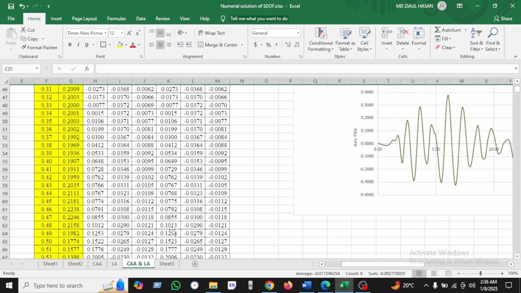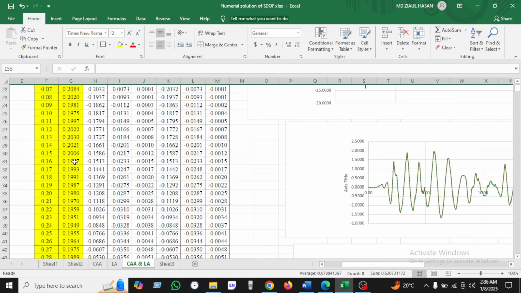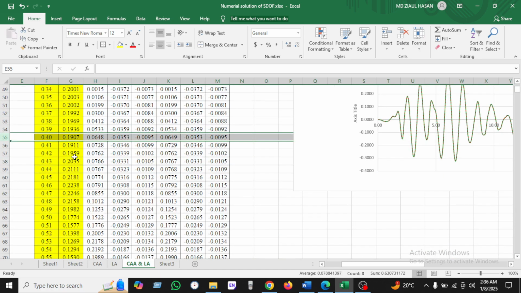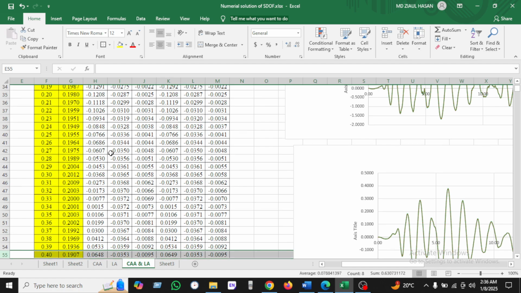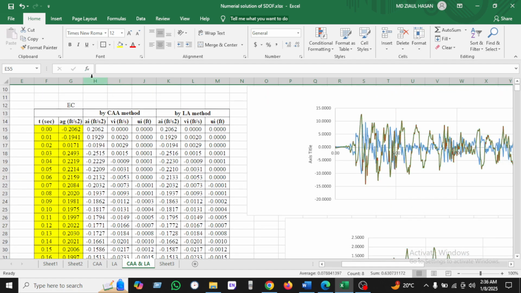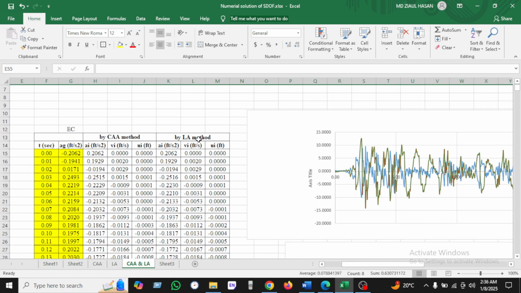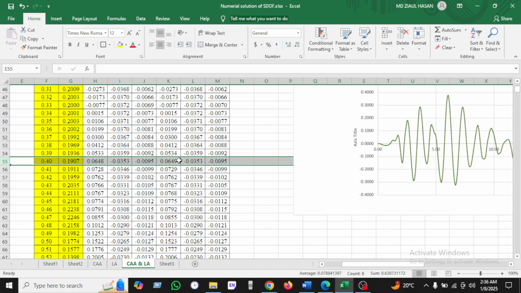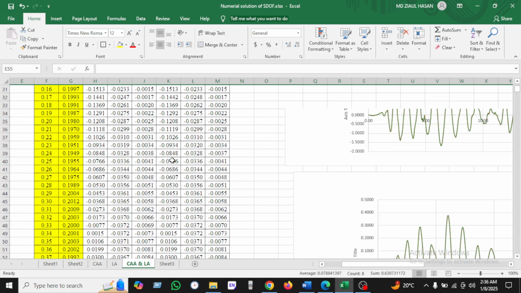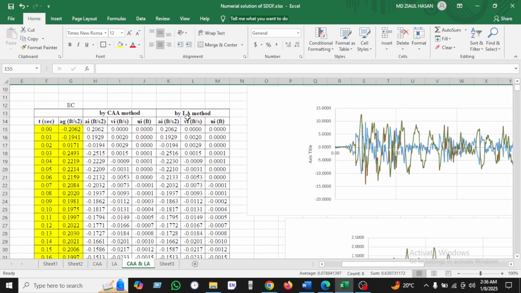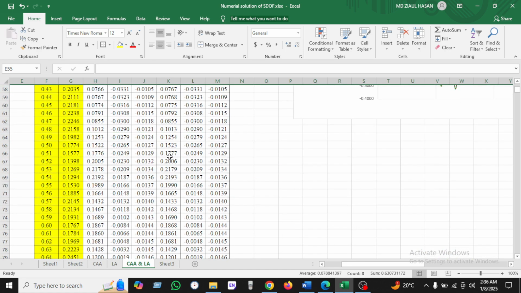So when we go to the time interval of 40 seconds, we have been seeing the El Centro ground motion acceleration is found 0.1970, but we have been seeing here the relative acceleration. So 0648 and 0649. 0649 is the linear acceleration method. So we can see the acceleration is faster in linear acceleration.